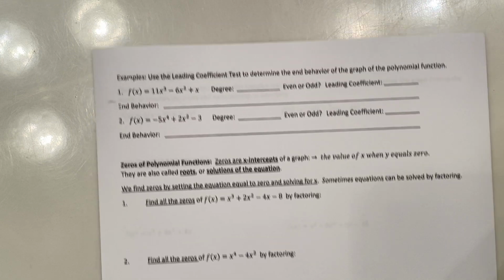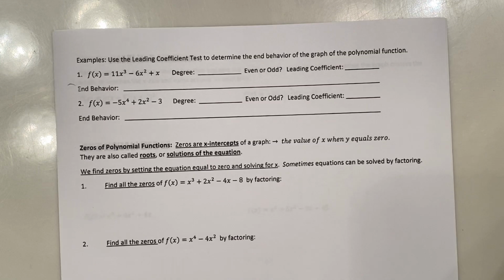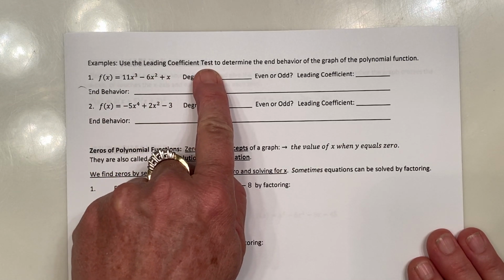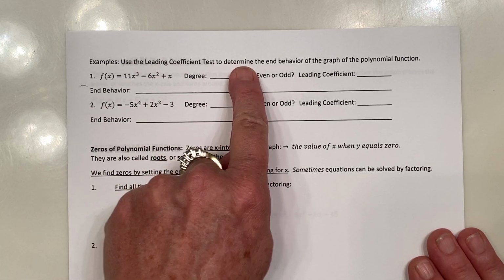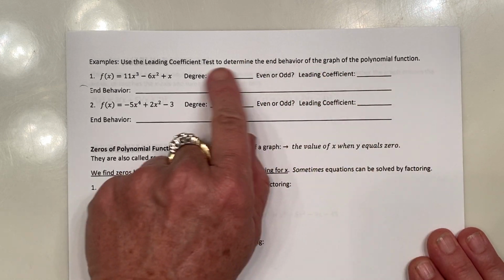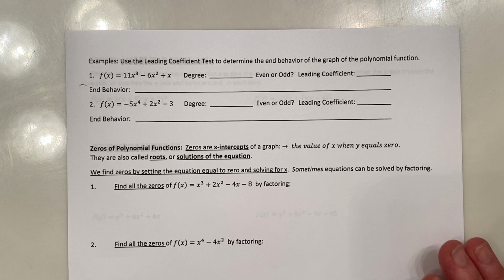So, all right, let's come over here to some examples. It says, use the leading coefficient test to determine the end behavior of the graph of the polynomial function. So the leading coefficient test means we have to first determine, do we have an even or an odd degree polynomial? And in front of that lead term, is that lead coefficient positive or negative?